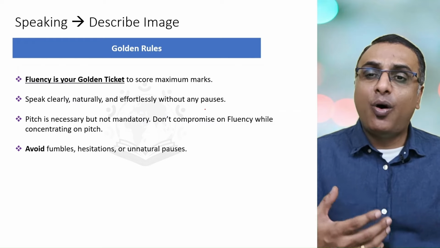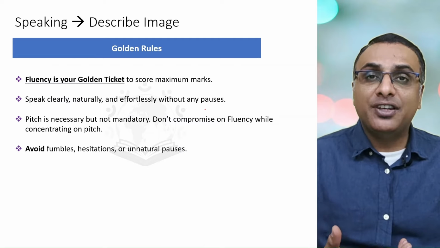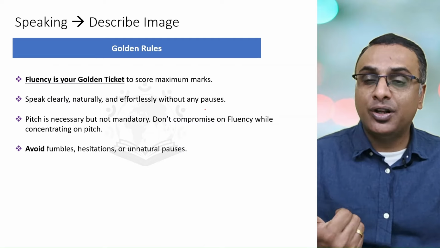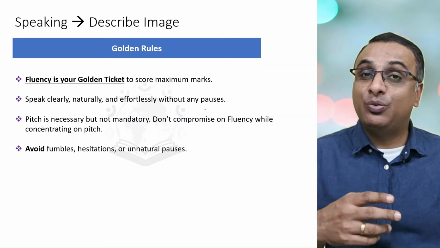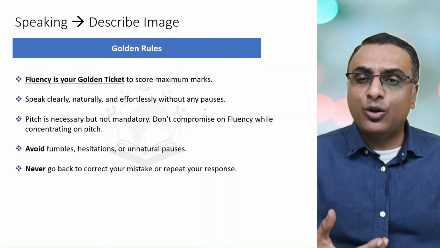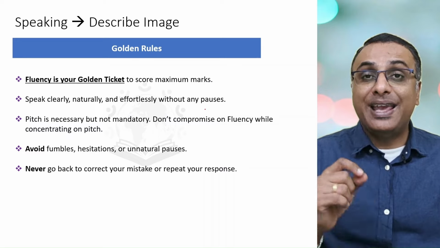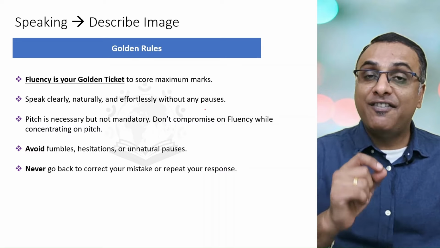Next thing, avoid fumbling, hesitating or pausing unnaturally while giving your response. It will not sound natural, effortless and it will seem like you're as though stammering. Okay. Next thing, never go back to correct your mistake or repeat your response. This will impact your scores very, very badly.